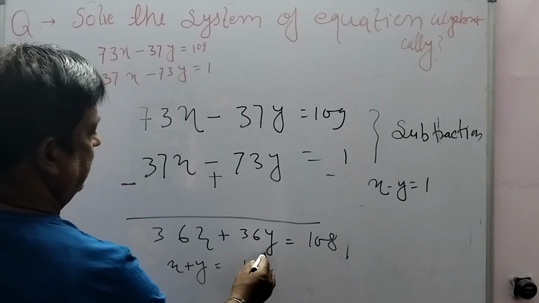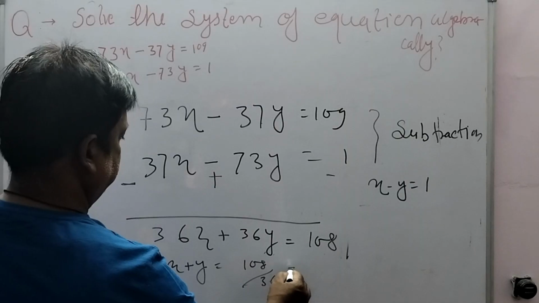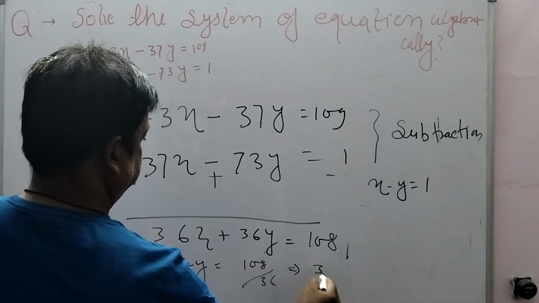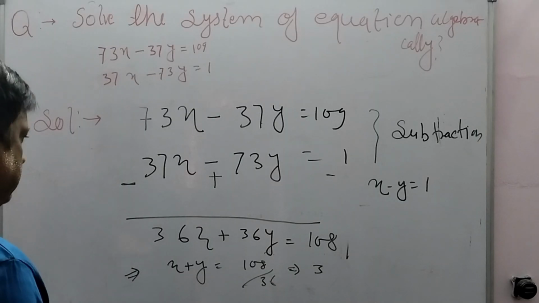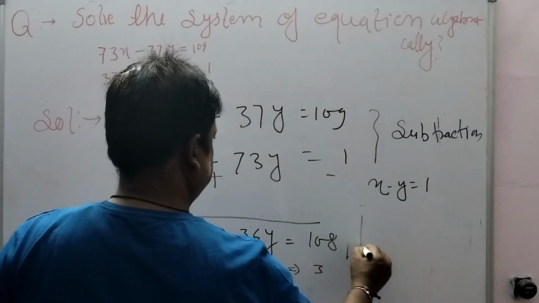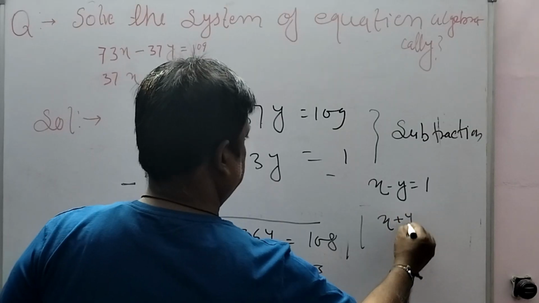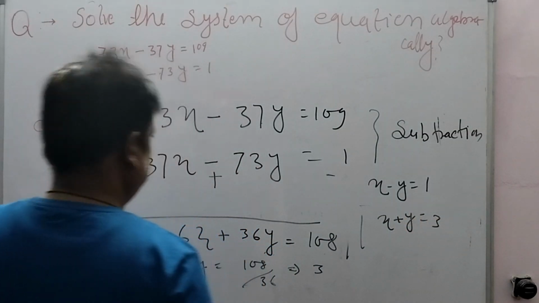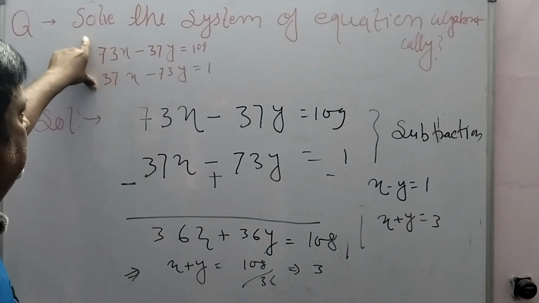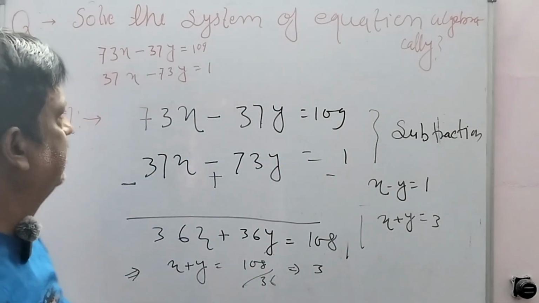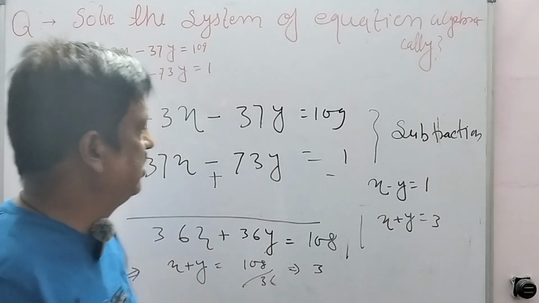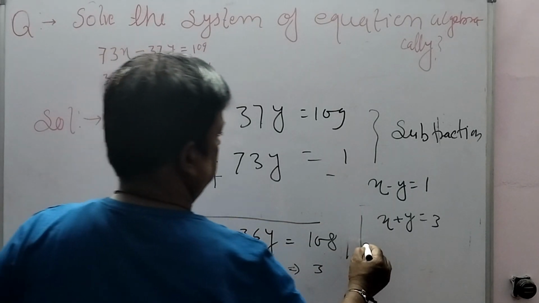36 is common, and dividing, 108 divided by 36 is 3. So the next equation is x plus y equal to 3. So the system takes the form of these two equations, and now we can easily solve.